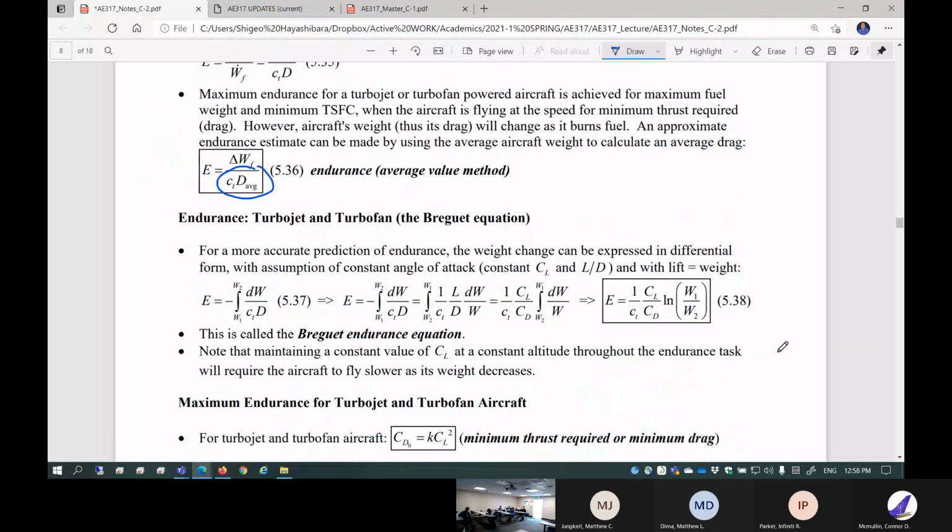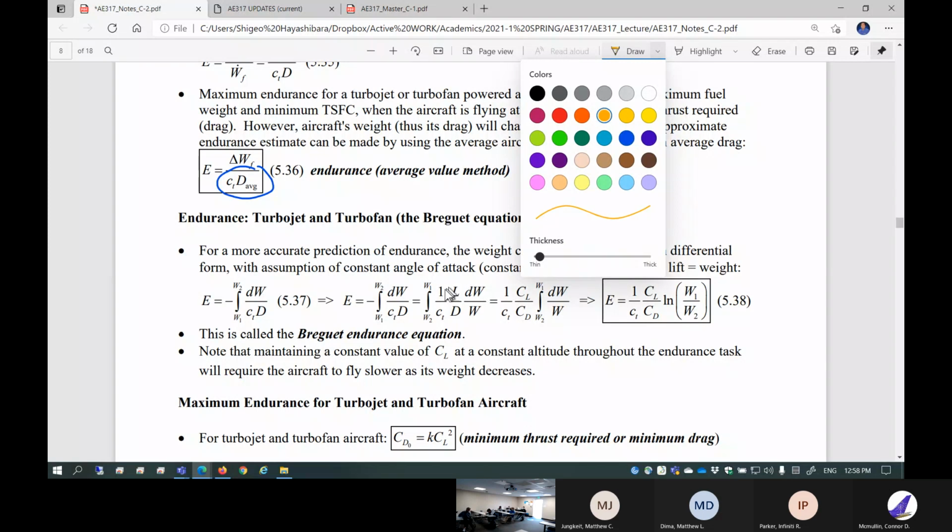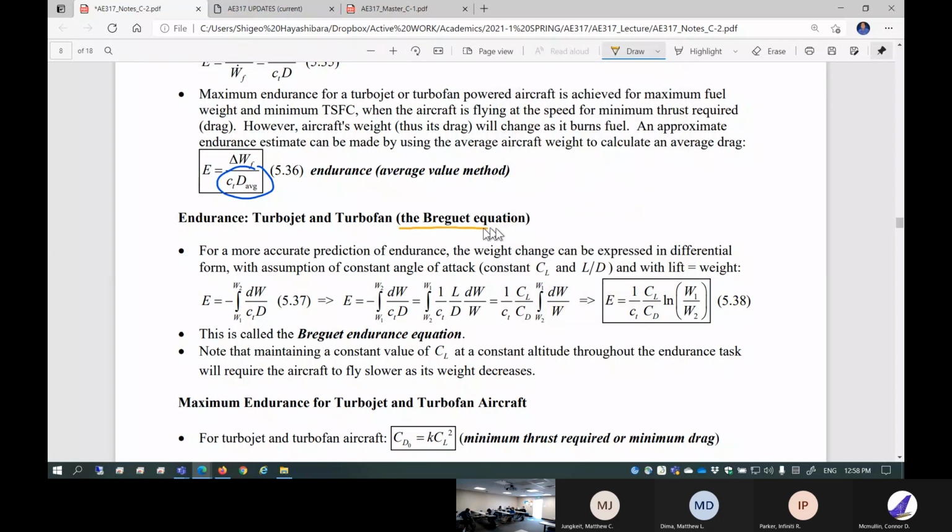The other one is something called Breguet Equation. That's something Jeffrey Chen actually did some research for that. Breguet Equation is more or less like a more exact equation. You're going to come up with the integral form. So that means you can define the function of the weight and the drag change of the airplane, and then you can express that change as a nonlinear function. In other words, in order to optimize your endurance, you can come up with your unique way.